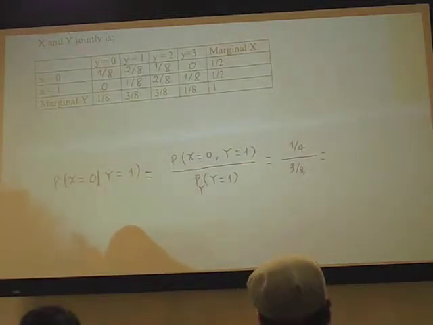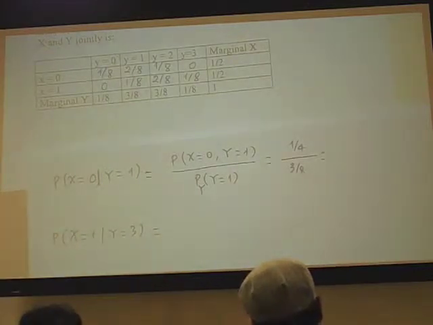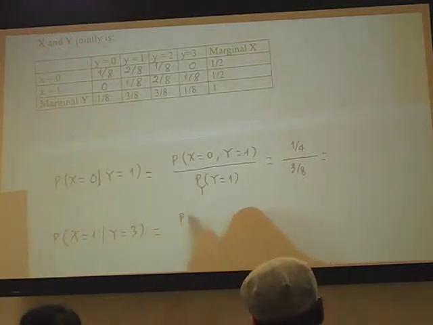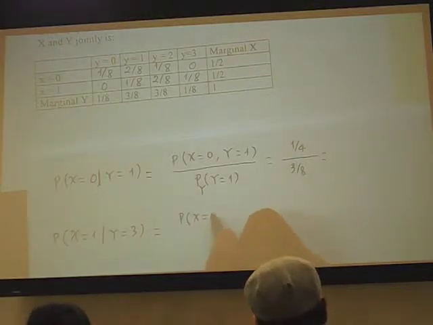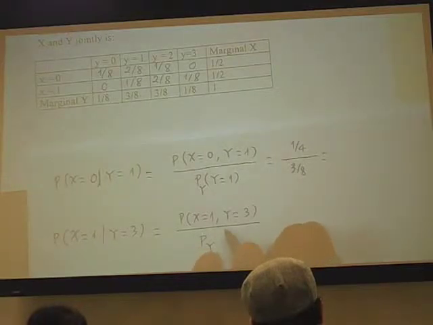And let's do another one right here. How about probability of x equal to 1 given that y equal to 3? How do I do that? Probability of x equal to 1 and y equal to 3 divided by the marginal y of y equal to 3.